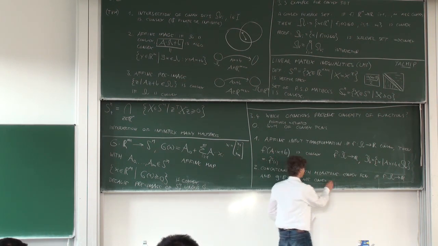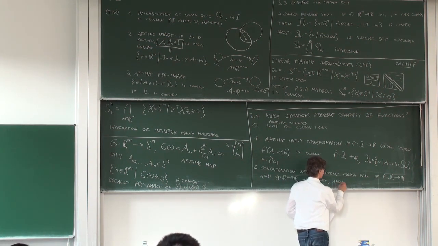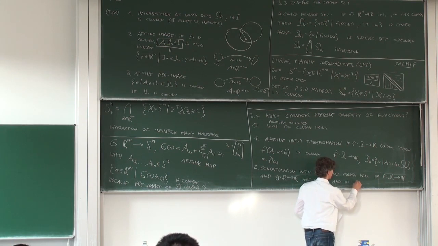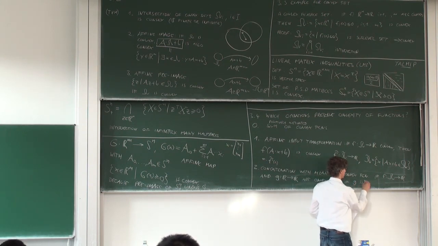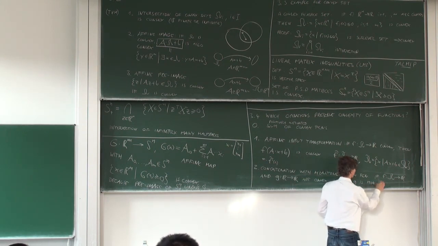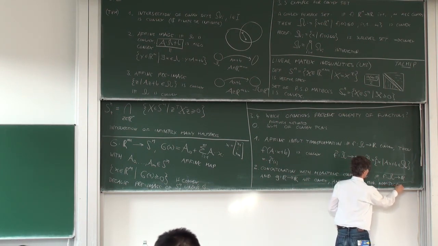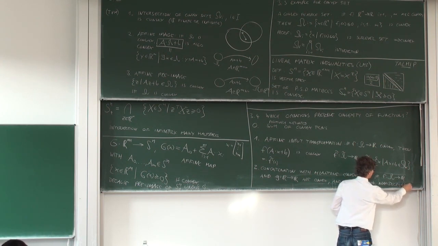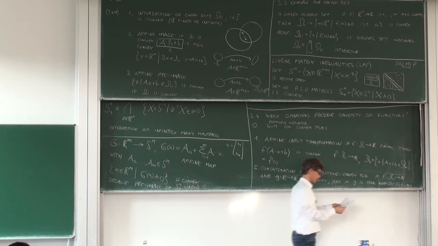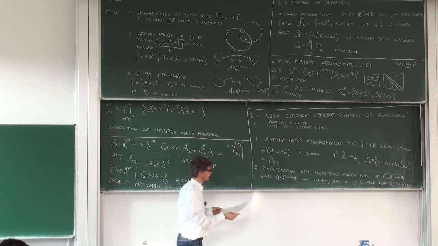And if this outer function g is monotonely non-decreasing, which means, I think in the script I wrote increasing, that is wrong.